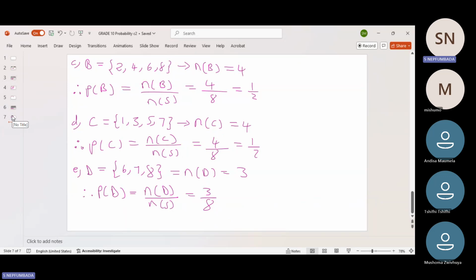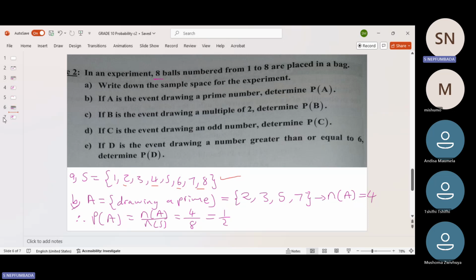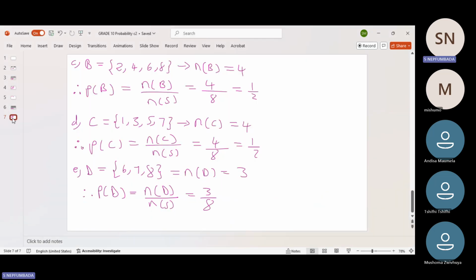Then the last question says if D is the event drawing a number greater than or equal to 6, determine the probability of getting D. So we're going to count all the numbers that are greater than or equal to 6, and we find that the numbers are 3.